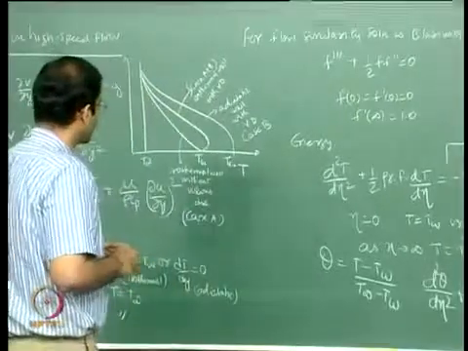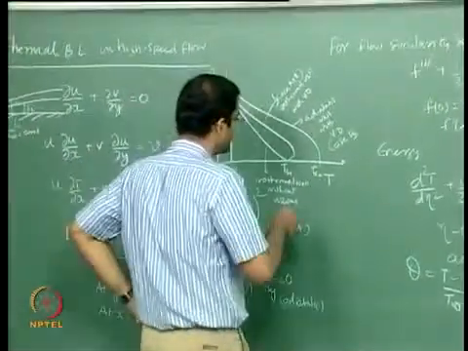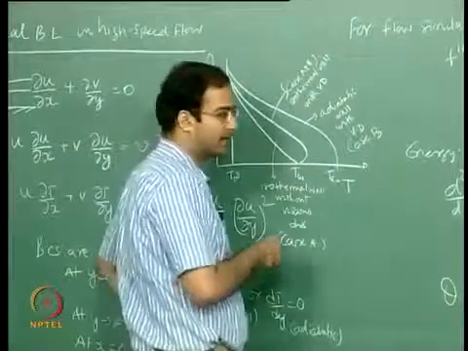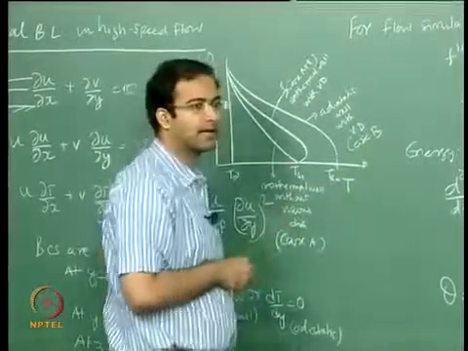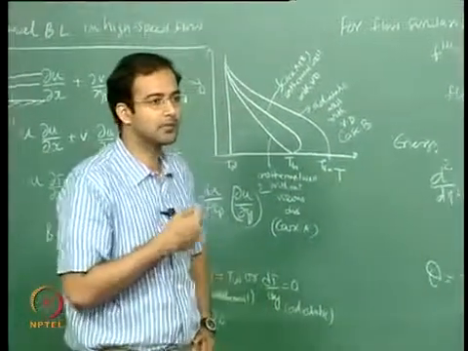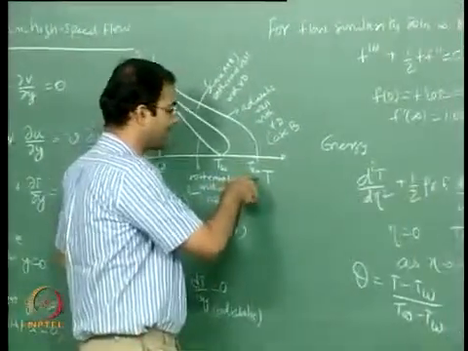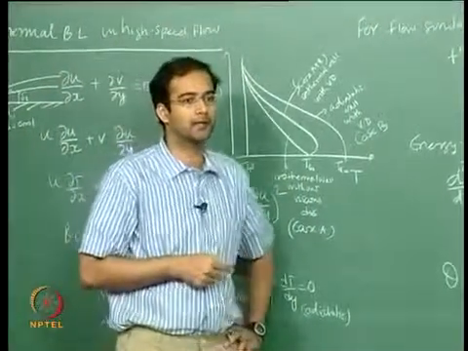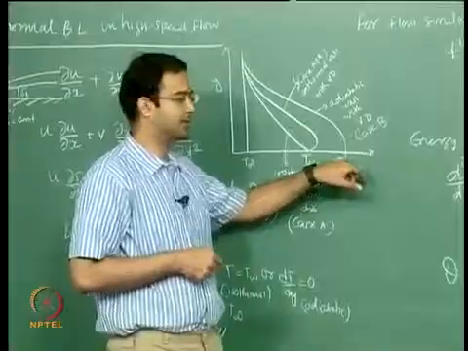We are more interested in knowing what happens if you put an adiabatic boundary condition at the wall, and what will be the value of this adiabatic temperature. So this gives us an opportunity to analyze the case where dT by dy is 0 and you have viscous dissipation, and what will be the value of this adiabatic temperature.